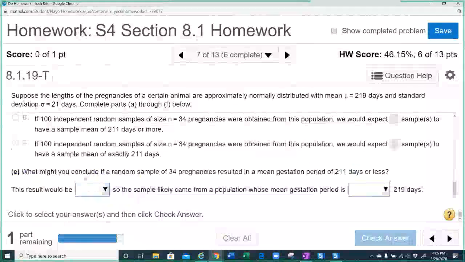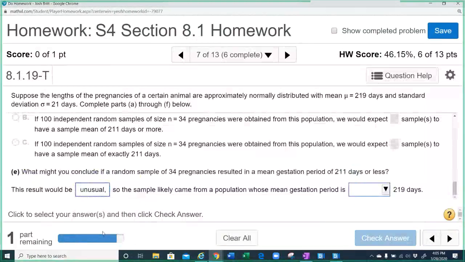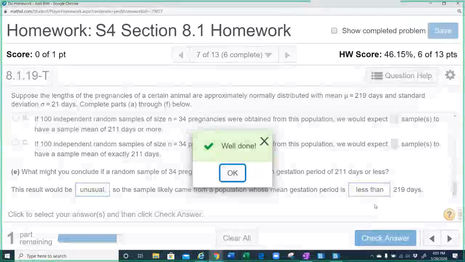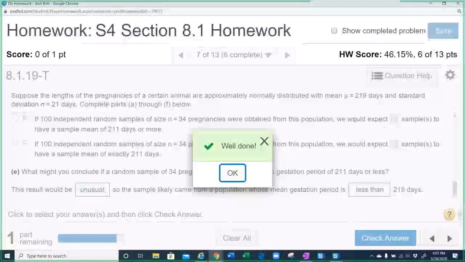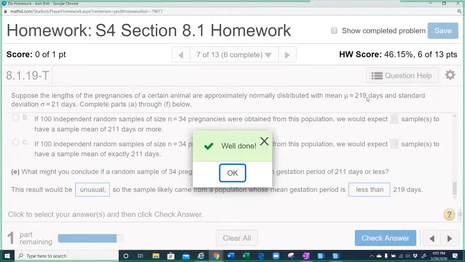So we're going to say that the result would be unusual. The sample likely came from a population whose mean gestation period is less than 219. If your probability was large on that last part, then you could say that the true mean is still likely to be 219.